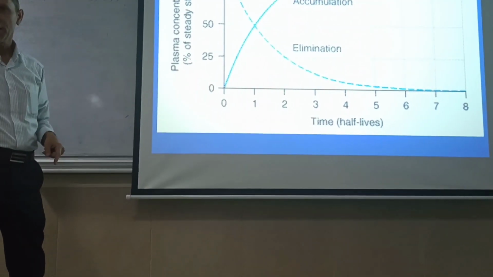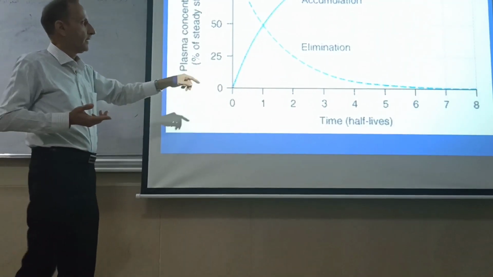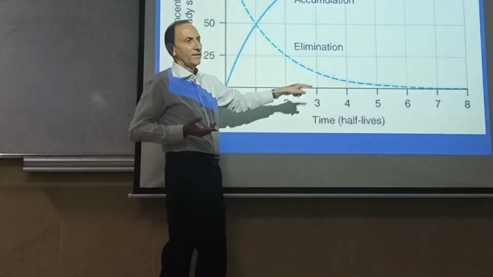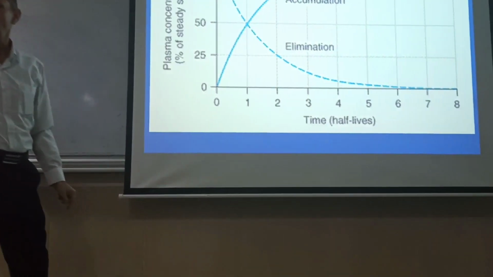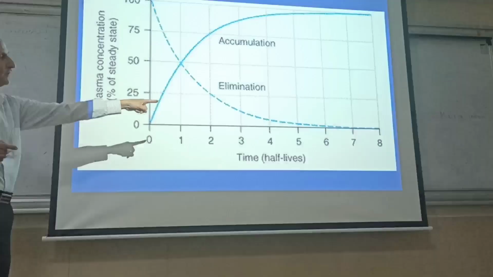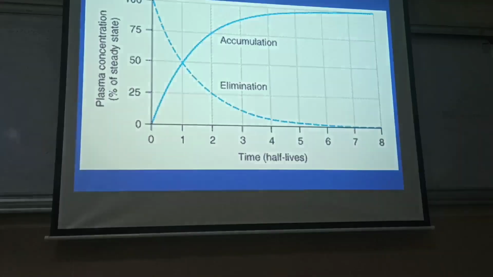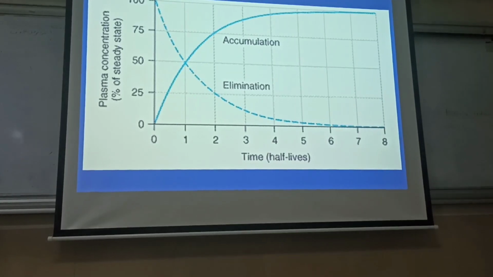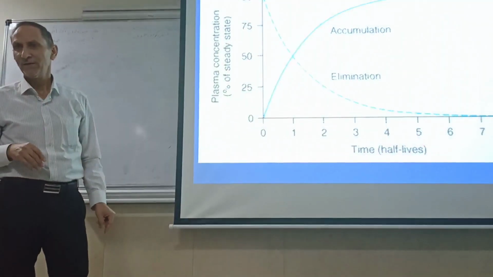After 3, we have 12.5. And after 5, only 3% of the drug remains in the blood.